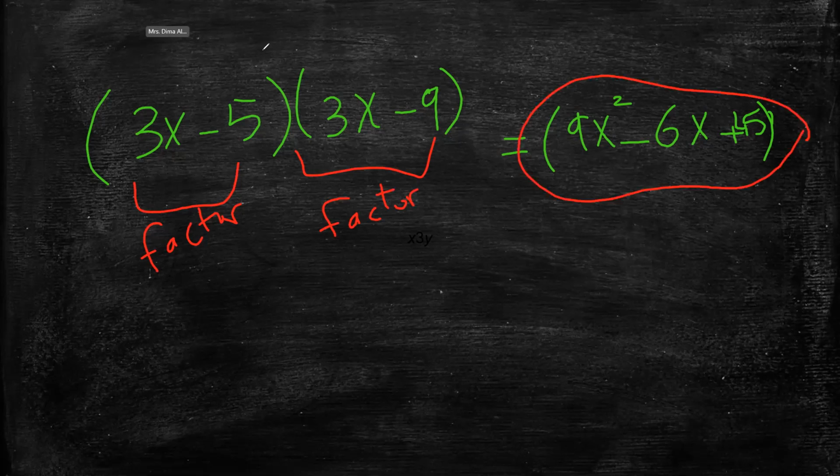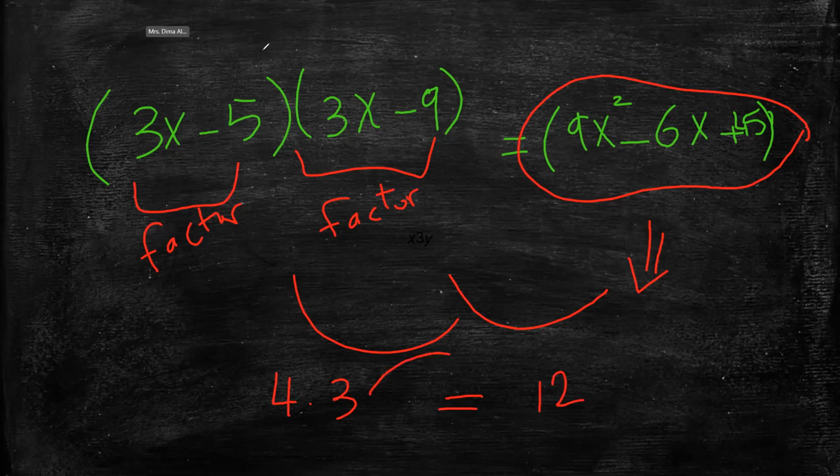Now, I will give you the trinomial, and I want you to factorize it, to write it as a pair of factors. Like, if I give you 4 times 3, you will tell me it's 12. If you multiply 4 times 3, you will get 12. And if you want to factorize the 12, you can say it's 4 times 3. This is the meaning of factoring the polynomial.